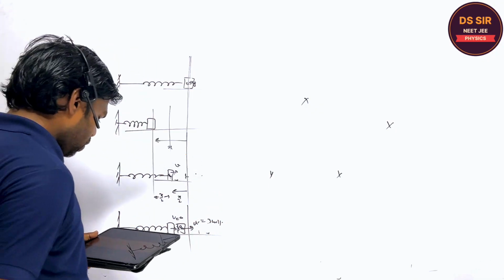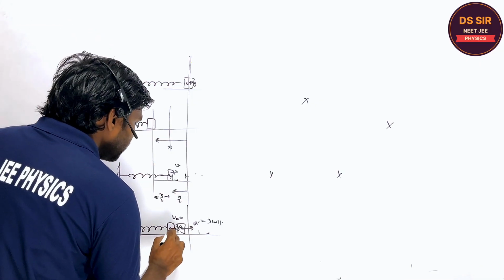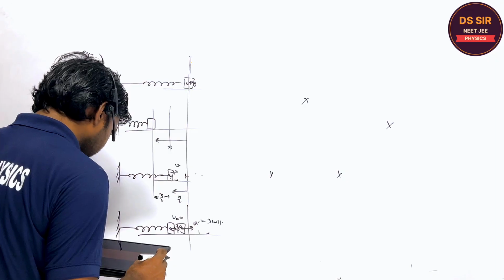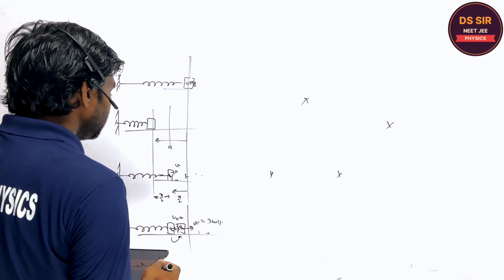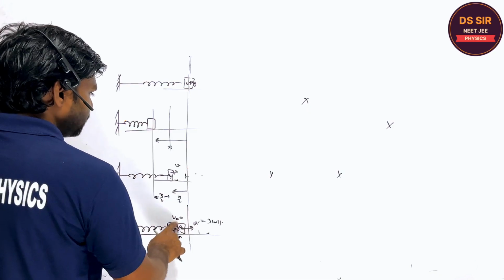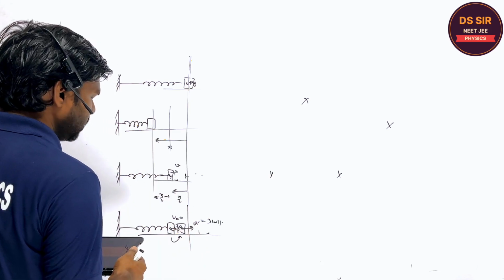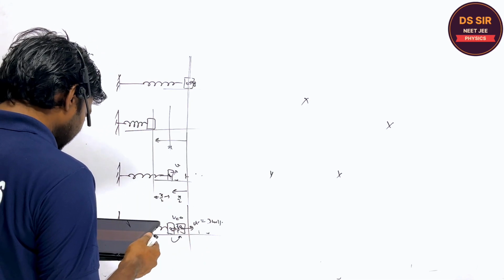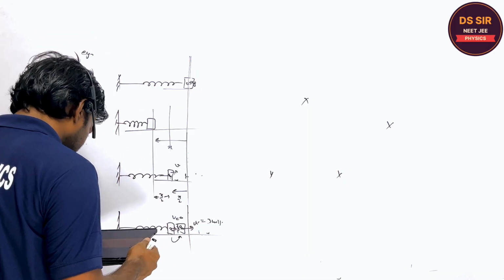So what they are asking is the total initial energy of the spring. I think it is not mentioned in the question whether the collision is elastic or something else. So if I assume the collision is elastic and the mass is the same, it may be only possible because one block is at rest and the other block is moving with some velocity. It hits another block and comes to rest momentarily.